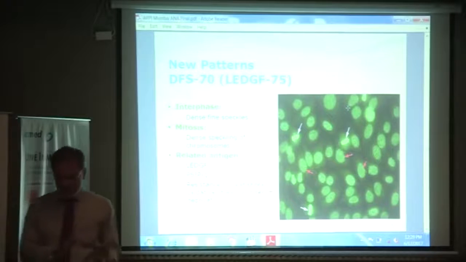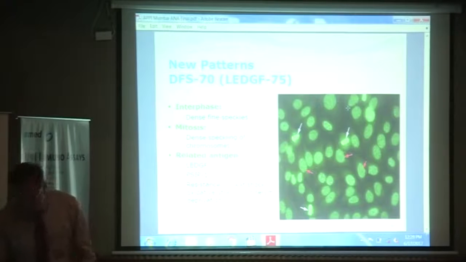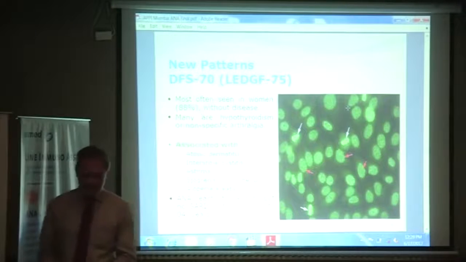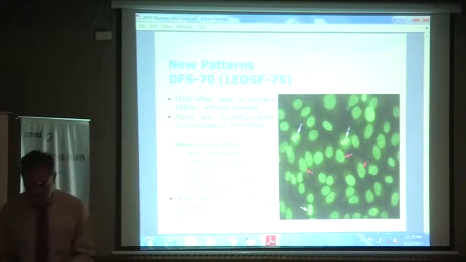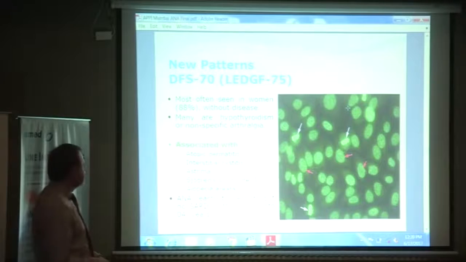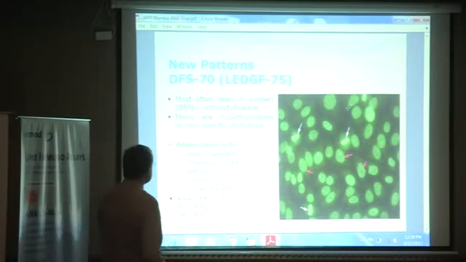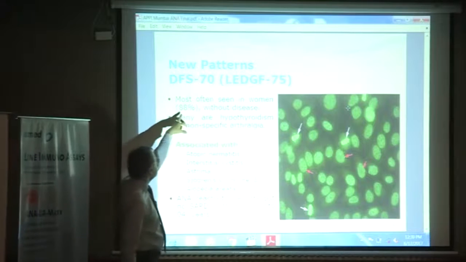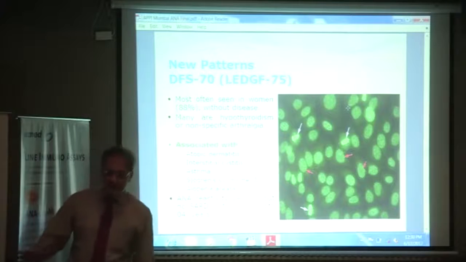So this is a combination of homogeneous as well as speckled. The significance again remains not so defined. It is said that most persons having this pattern have no clinical significance, but there is a persistence of the pattern over a period of time.